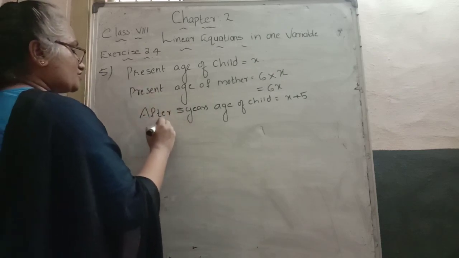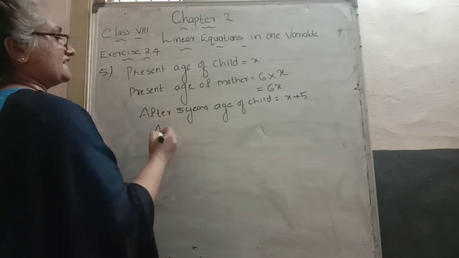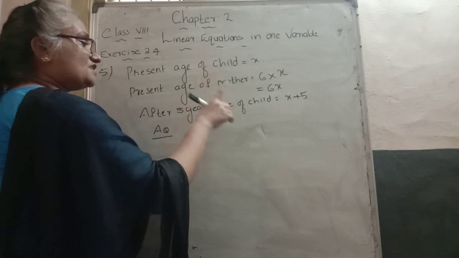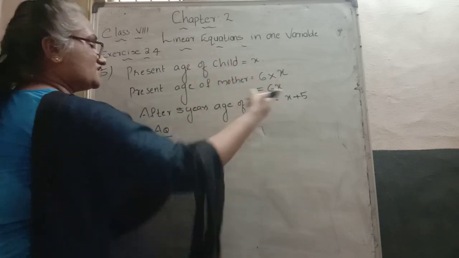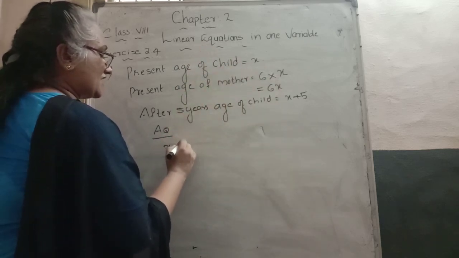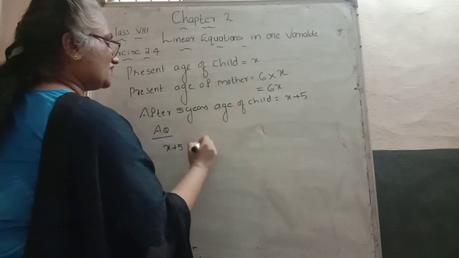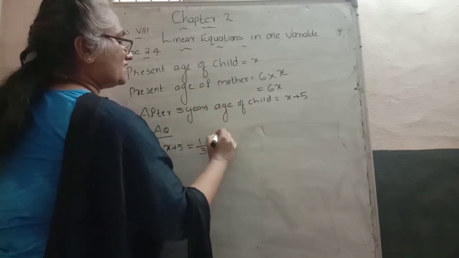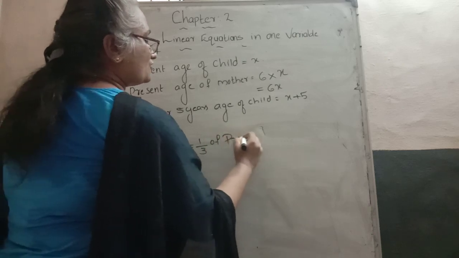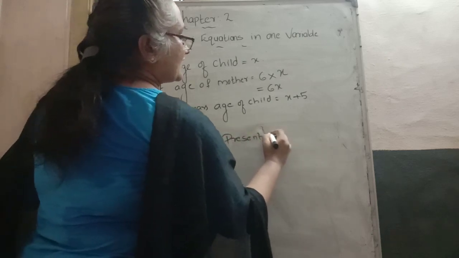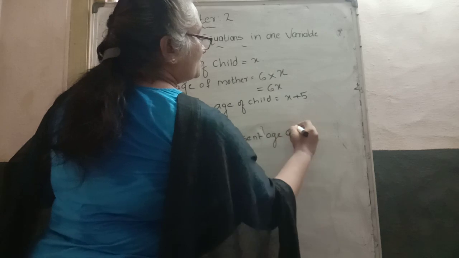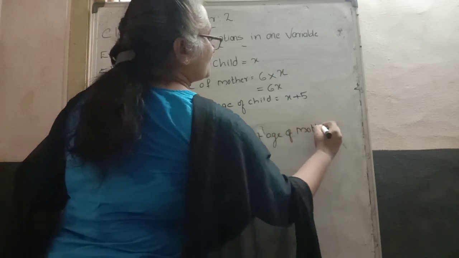Then according to the question, the age of the child after 5 years, that is how much? X plus 5. It is equal to 1/3 of the present age of the mother.